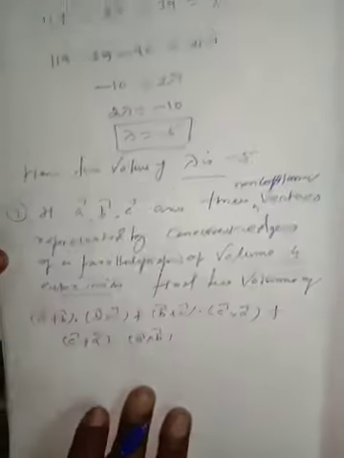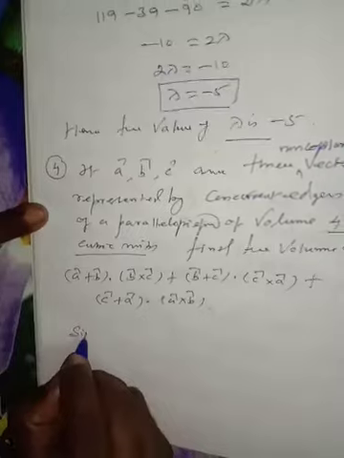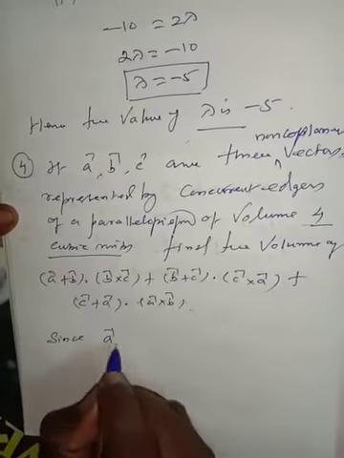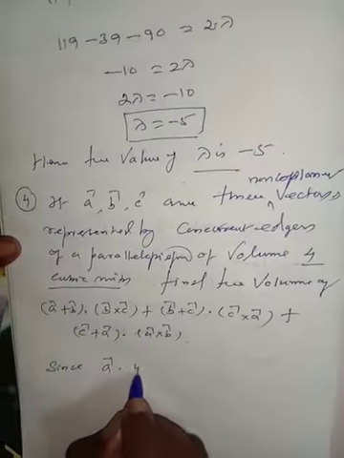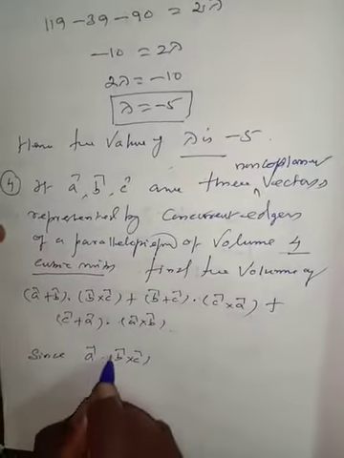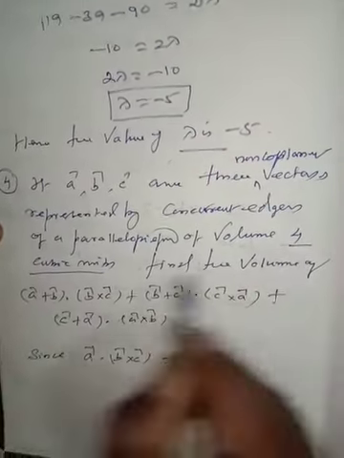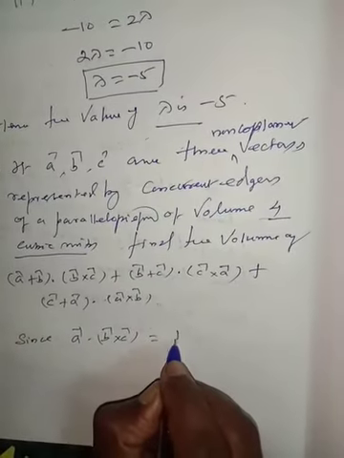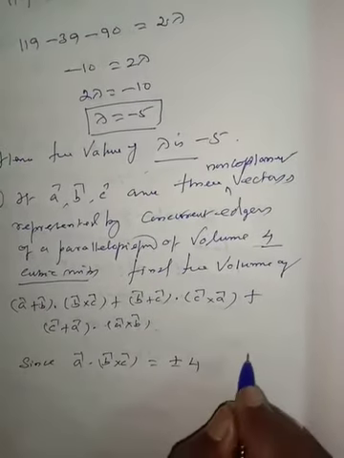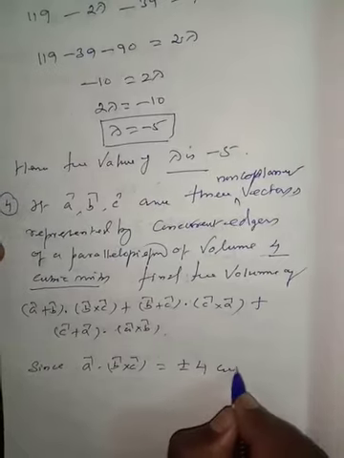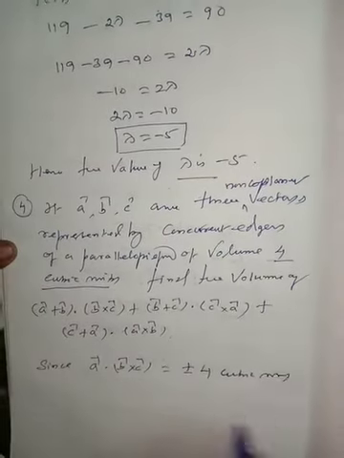Since a dot (b cross c) is given by the volume, 4 cubic units, it is equal to plus or minus 4 cubic units.